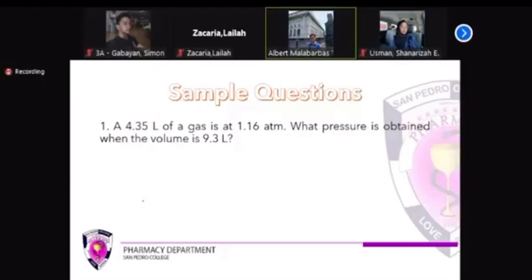So, I'll not anymore elaborate on these sample questions. You can take a screenshot. Pero ano lang, just a review. So, we had discussed about the different gas laws.